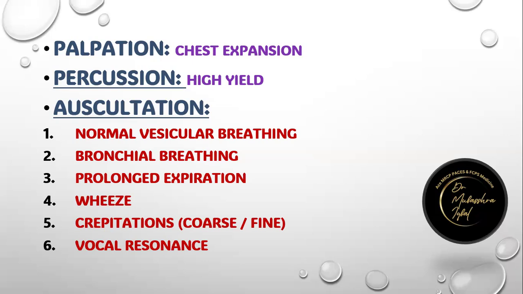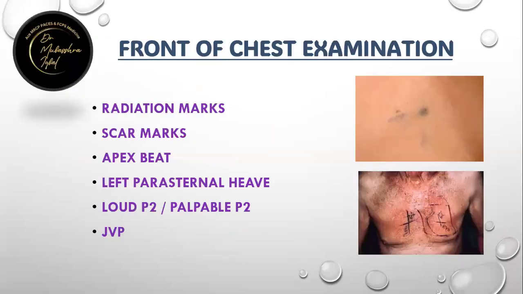And if there are coarse crepitations present, it will give you a clue that the patient might be a case of bronchiectasis. And vocal resonance will be increased if there is bronchial breathing, otherwise it will be decreased if it is a case of pleural effusion and multiple other causes as well. We will discuss it one by one.